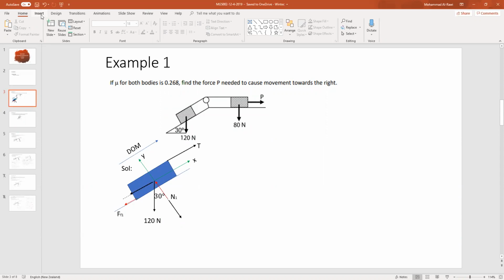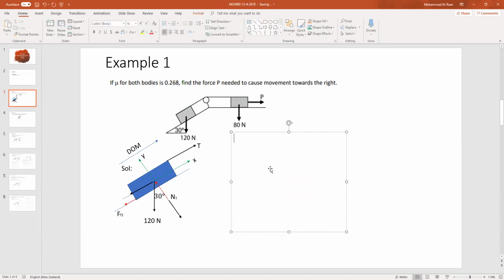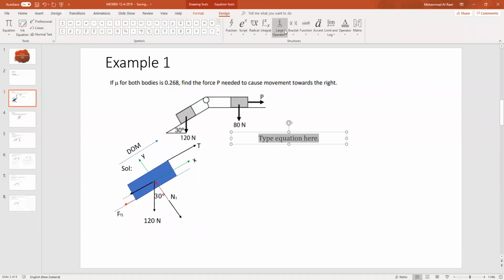All right. Now we start solving the question. We type here and insert equations, the algebraic summation of forces. Let's start first with the Y because we have less information.